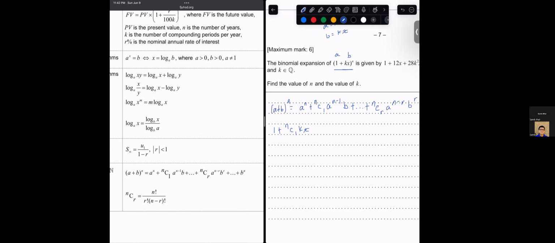Then after this, we have our next term, which will be k raised to 2 and x raised to 2.